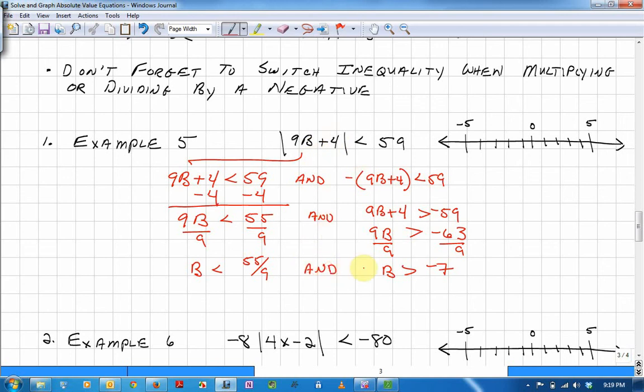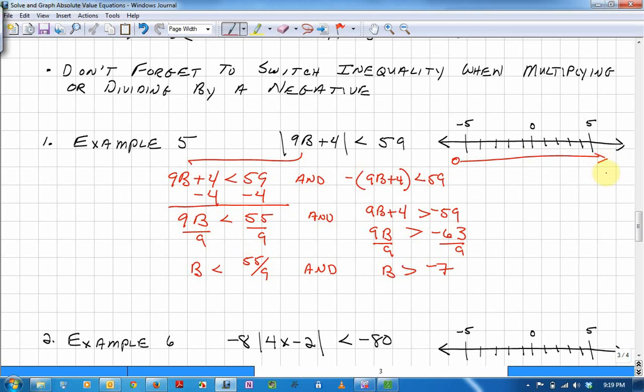So if I wanted to plot these, b is greater than -7. I don't have quite enough places going out here, so let's just put an open dot out here at -7, and b is greater than that. And on the other side, I have b is less than 55/9. Since 6 times 9 is 54, this is going to be slightly greater than 6.